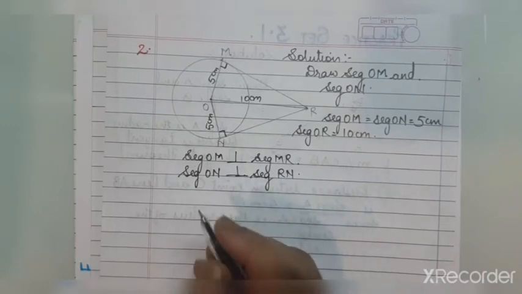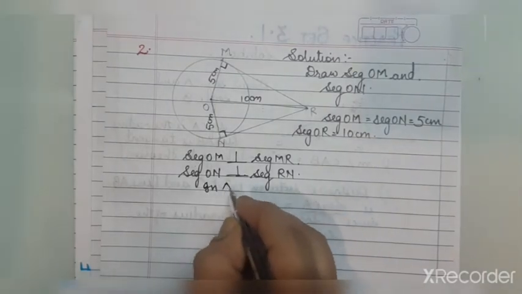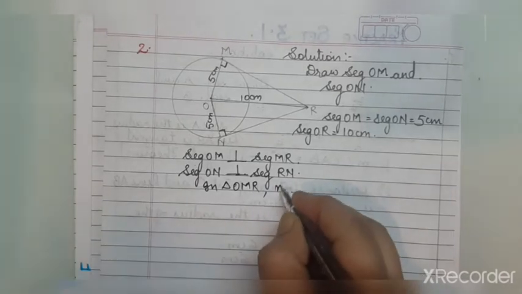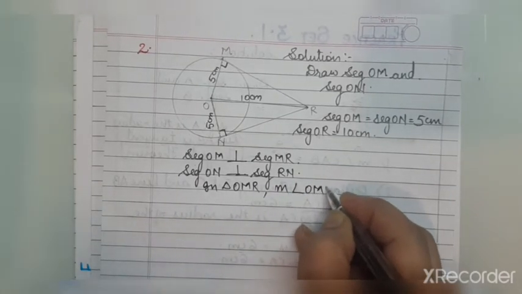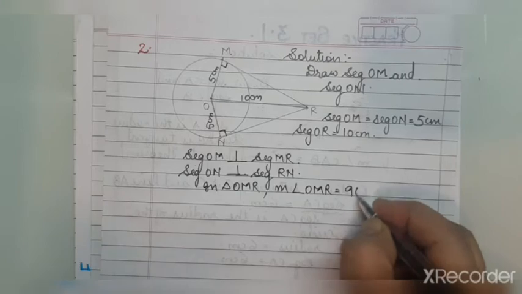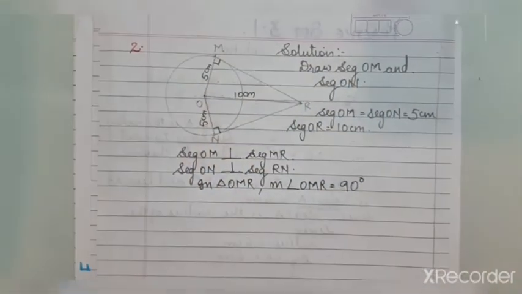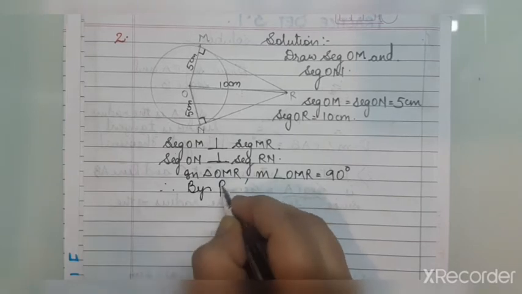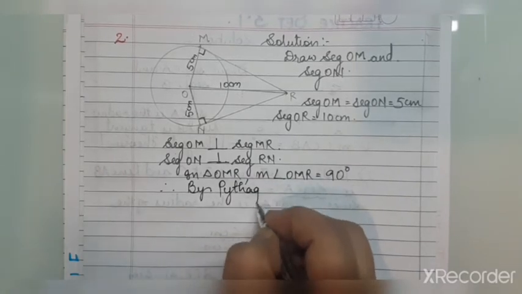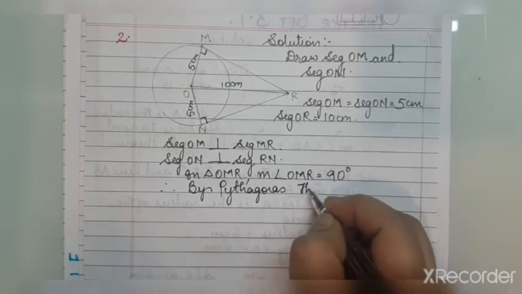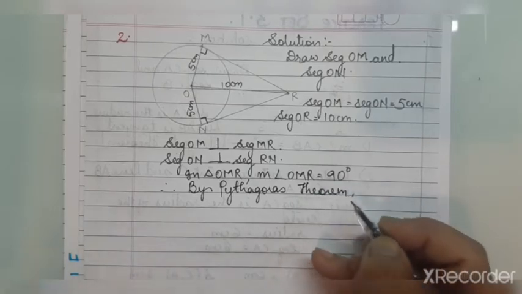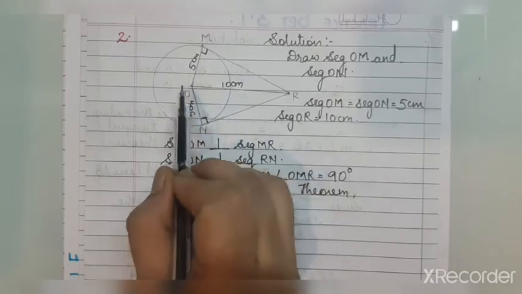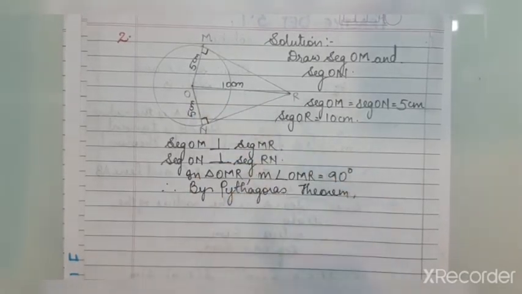So we take any one right angle triangle, in triangle OMR, where measure of angle OMR is equal to 90 degrees. Since they are perpendicular, it's a right angle triangle. Therefore, by using the Pythagoras theorem, opposite to 90 degrees is the hypotenuse, so the hypotenuse is OR.